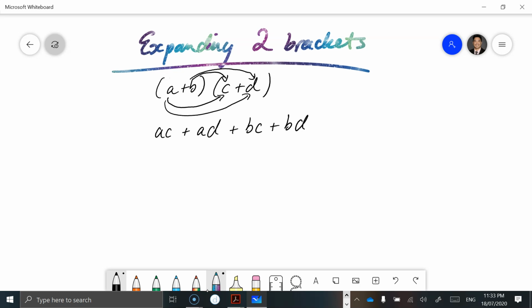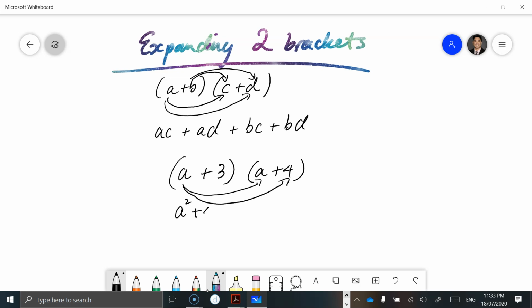So if we put this into practice with, say, this question here, let's go (a plus 3)(a plus 4). We're going to multiply a times a, which is a squared. We're going to multiply a times 4, which is 4a. Then we'll multiply 3 times a, which is 3a. And then we're going to multiply 3 times 4, which is 12.